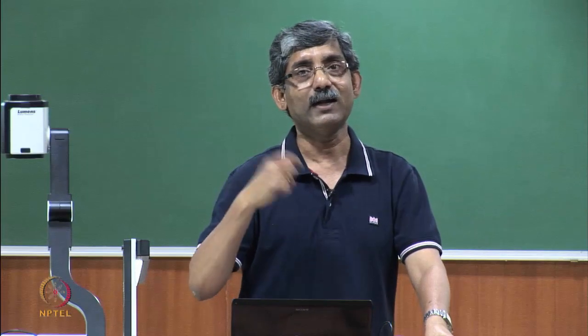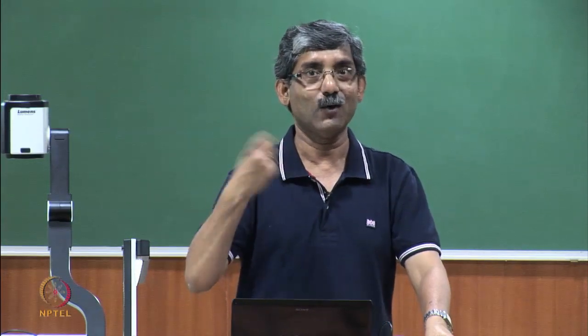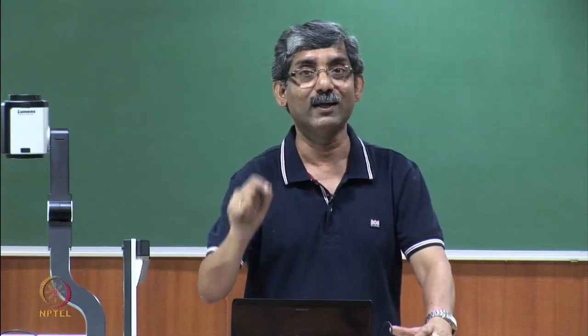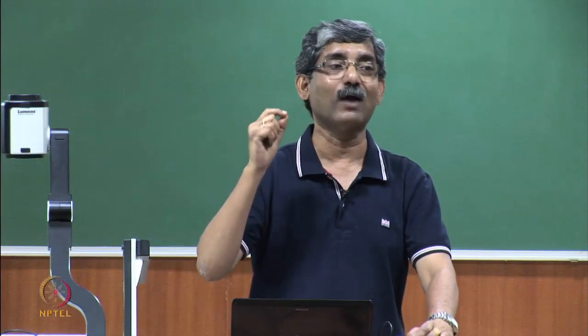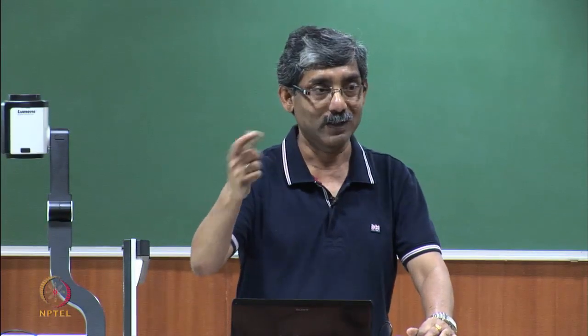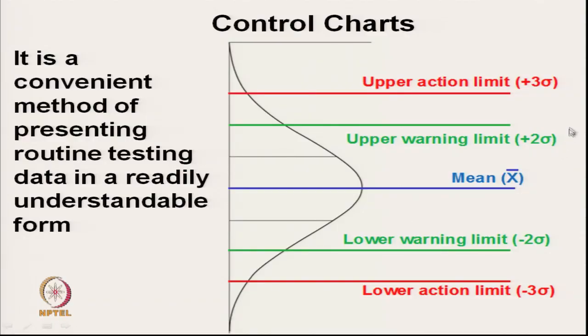Now, it depends on us whether we should set the warning limit from 29 to 31, or we would like to have it from 29.5 to 30.5. Depending on the variability we can calculate, and one must be very careful: we cannot unnecessarily make the limit stringent, because we will not be able to achieve it.